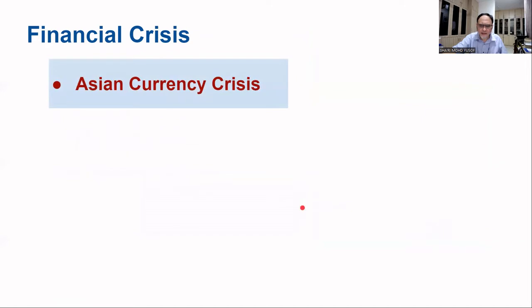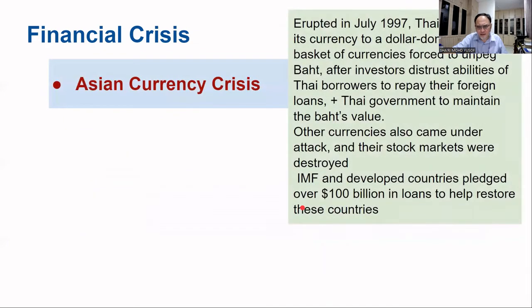And in 1997, 98, not only Thailand, okay, the book only mentioned Thailand, but it's also Malaysia, Indonesia, all these. South Korea also were in this Asian currency crisis. Everybody was dumping the countries' money. Investors were basically.